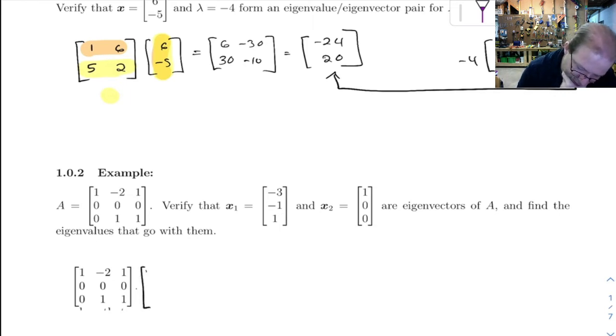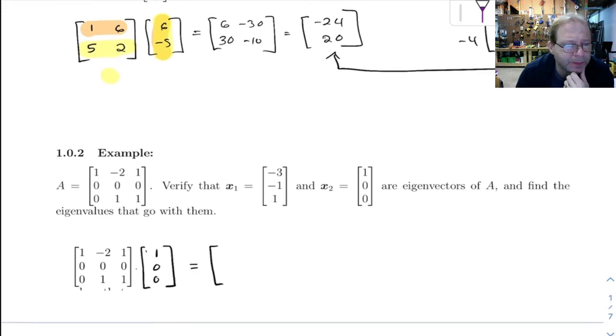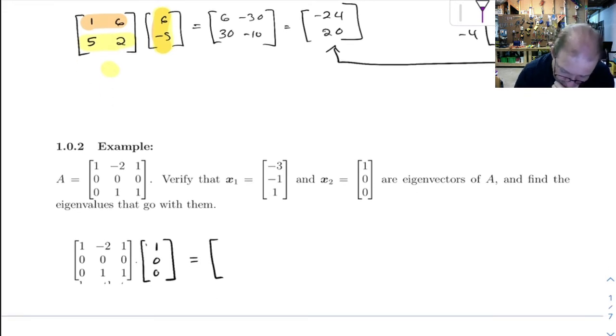Actually, let's do the other one first, 1, 0, 0, because that one's going to be really easy to do. When we take the top row times this, that just gives us the top number, 1. Then when we multiply the next row times that, it's just going to copy that first column. So we're going to get 1, 0, 0.